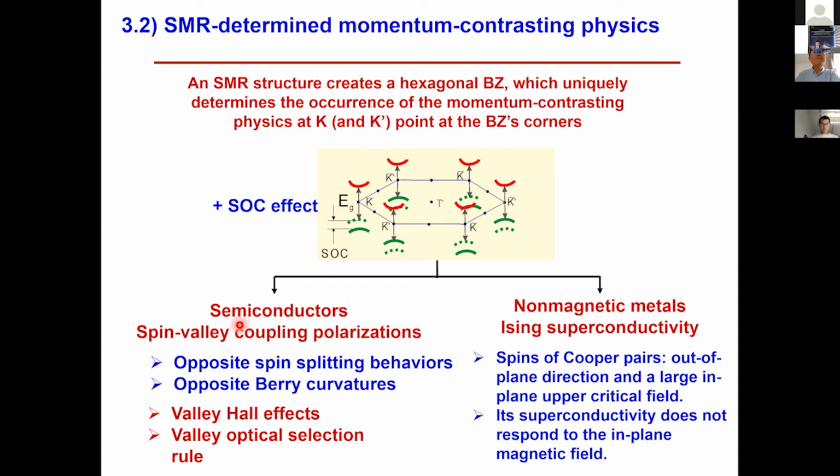Therefore, we can have different types of materials with very interesting physical phenomena, such as opposite spin splitting and opposite Berry curvatures, and the spins of Cooper pairs, and so on.